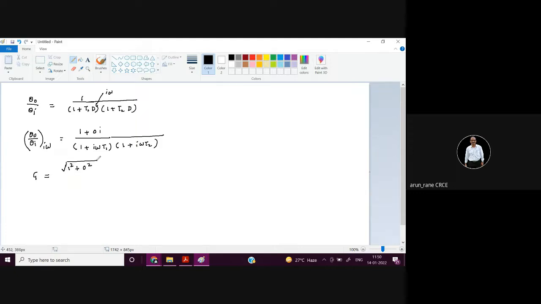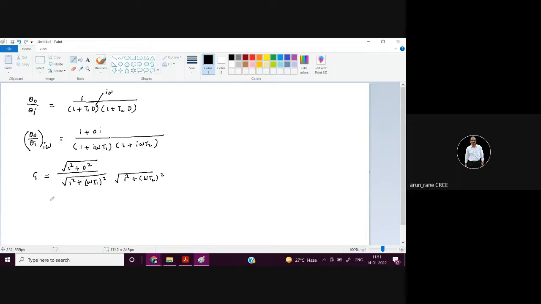Divided by, for the denominator, under root of 1 square plus the imaginary part omega T1 the whole square. And then again under root here, 1 square plus omega T2 the whole square, right?